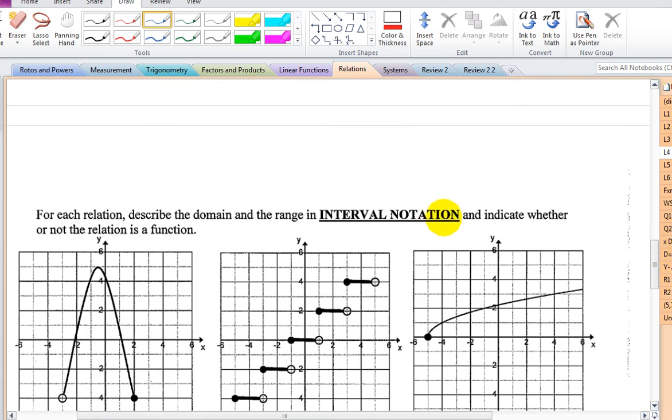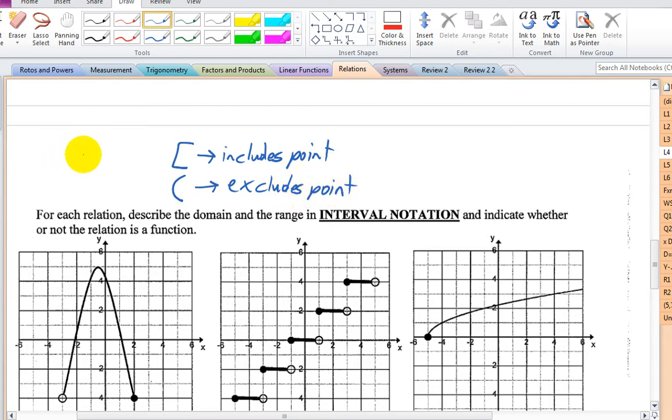So now our interval notation. So we have square brackets. That includes the point. And then we have rounded brackets. That excludes the point. Okay, so this would be square and round.